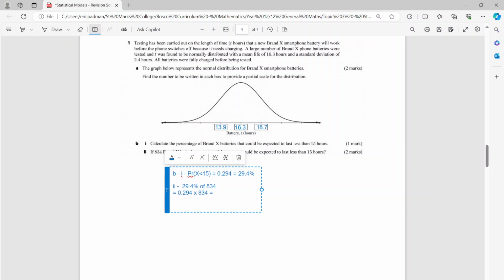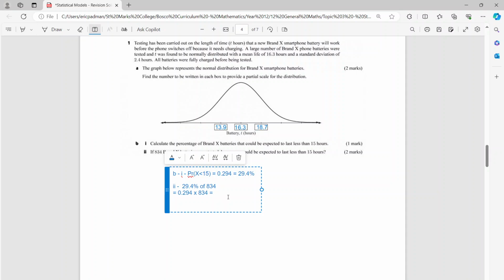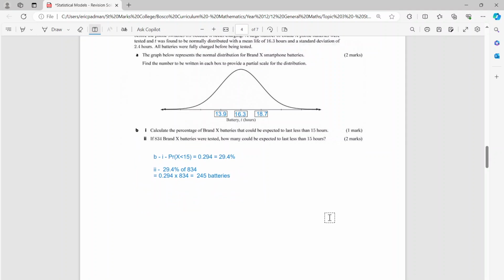So let's go back into that. I think you can just take your last answer. I just calculated an answer. Can I just do multiplied by 834? Seems I can. All right, approximately 245 batteries. Is that it? Yep, that looks like it.